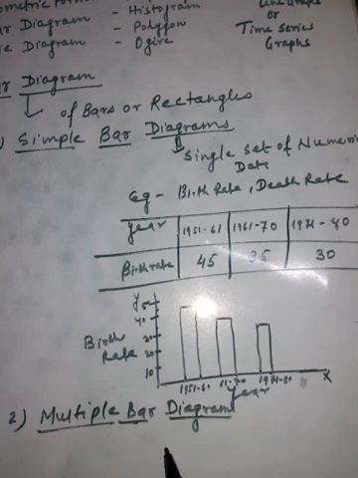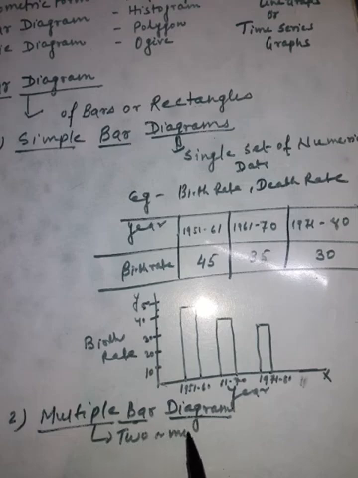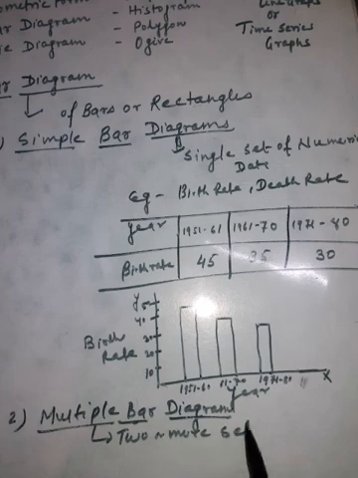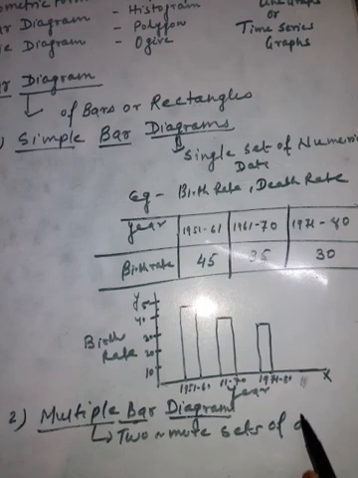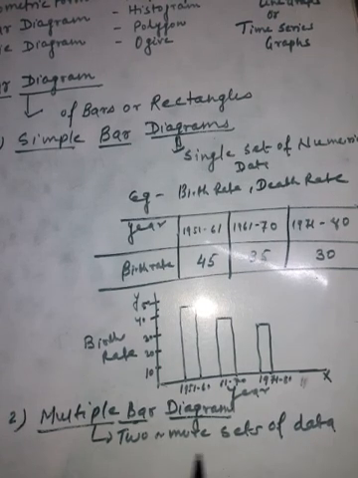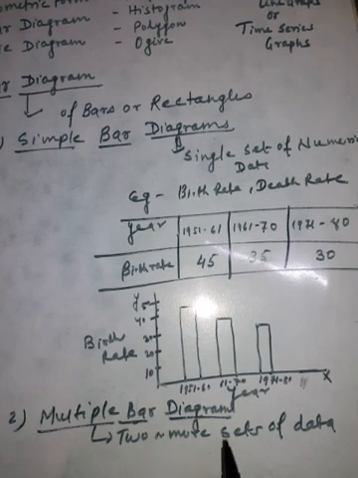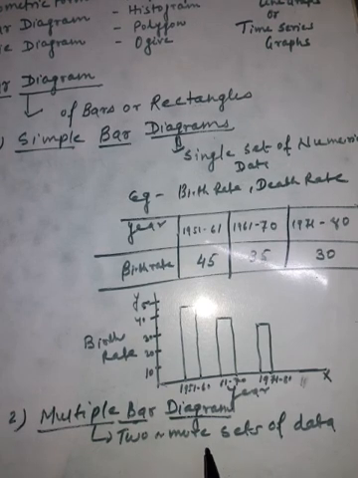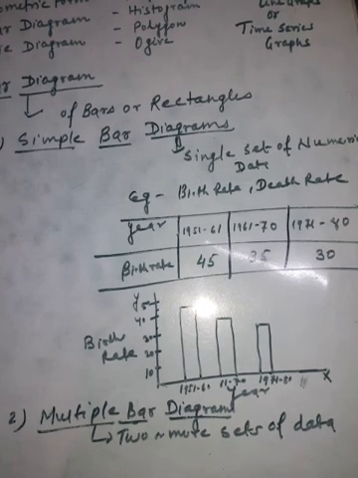Multiple bar diagrams are those diagrams which show two or more sets of data simultaneously. Generally, these diagrams are used to make comparison between two sets of series such as birth rate and death rate, and separate bars are drawn to present separate sets of values.